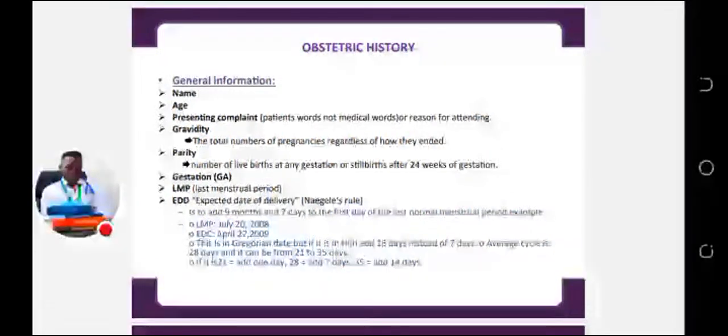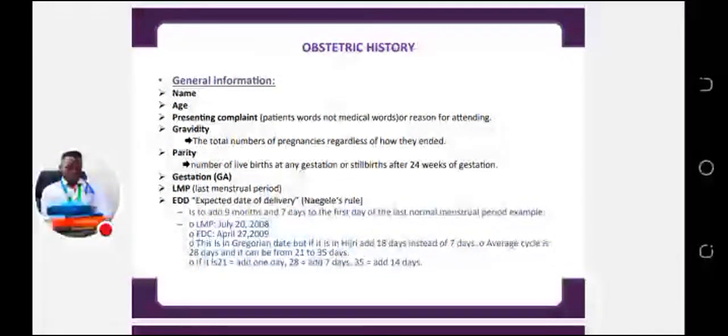For example, if the last menstrual period was on 20th July 2008, then the expected date of delivery is 27th April 2009.